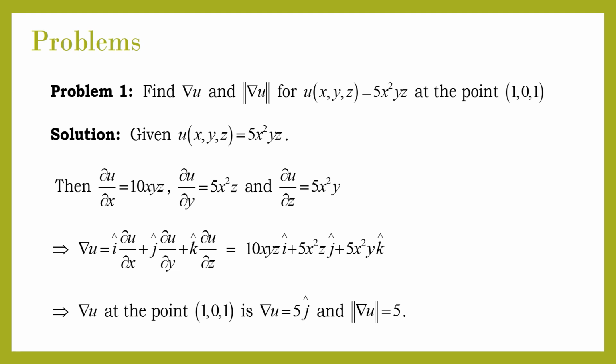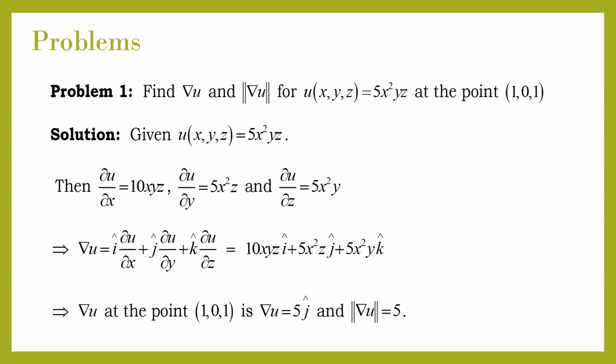What is del u? The gradient of u, or del u, equals i cap dou u by dou x plus j cap dou u by dou y plus k cap dou u by dou z. Now plug in the values of the partial derivatives in this formula. Then del u equals i cap 10xyz plus j cap 5x square z plus k cap 5x square y.